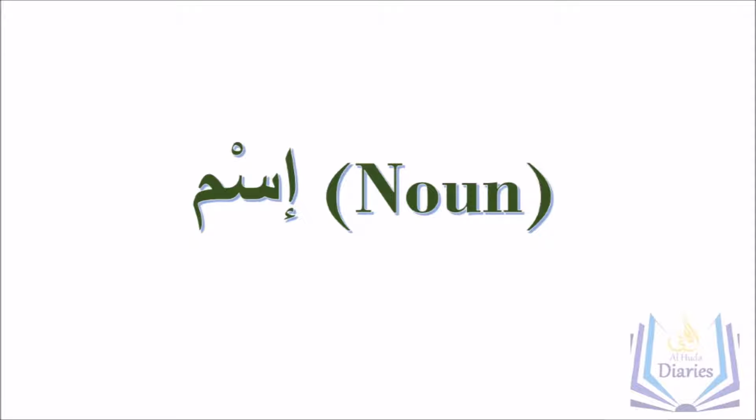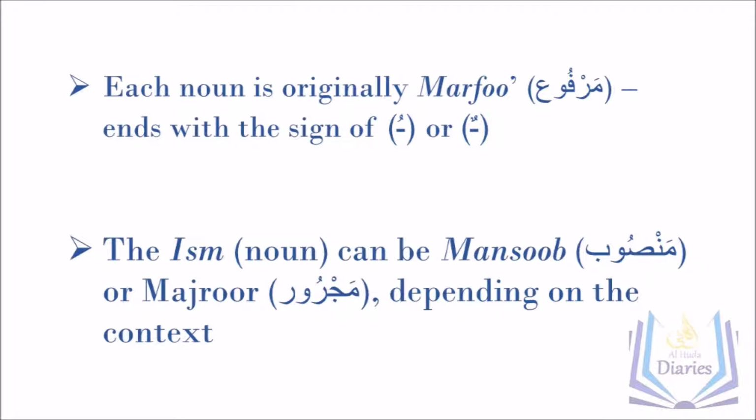We shall now proceed to see the changes that occur in an ism when it enters the different states. Now, when it comes to ism, by default, they are in the state of rafa, that is, they have the sign of dhamma or dhammatain. But when it comes to that particular ism in a sentence, according to the context, it can enter either the state of nasab or the state of jar, because the word that comes before or after it can have an effect on that word.